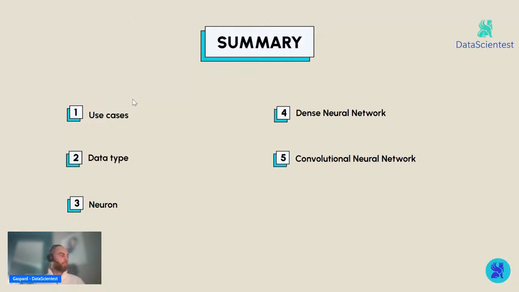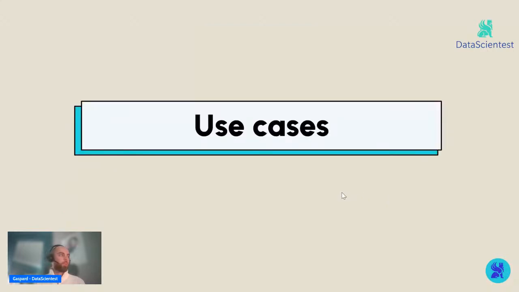And we'll also discuss the mathematical definition of a neuron and how it works inside of a complete neural network, dense neural networks, and convolutional neural networks for images. And once again, if you have any questions, do not hesitate to ask them in the chat.